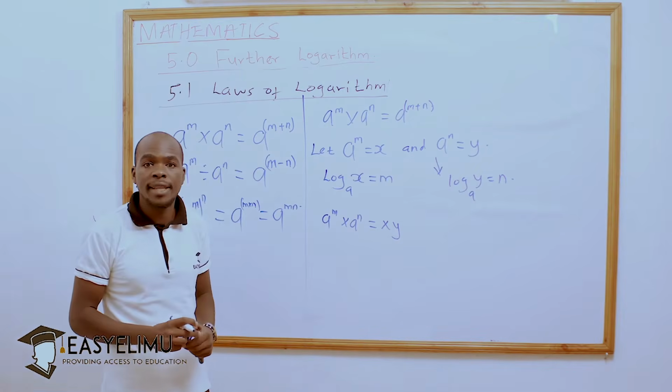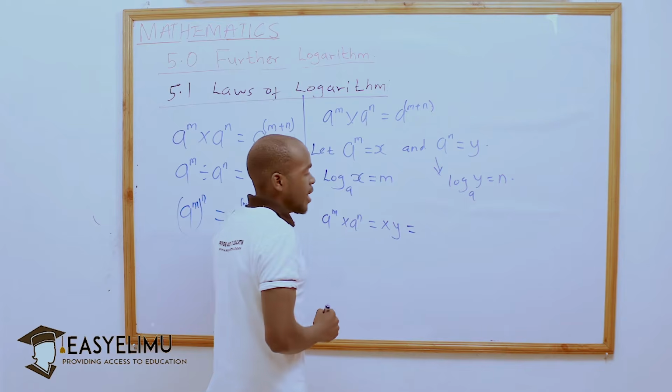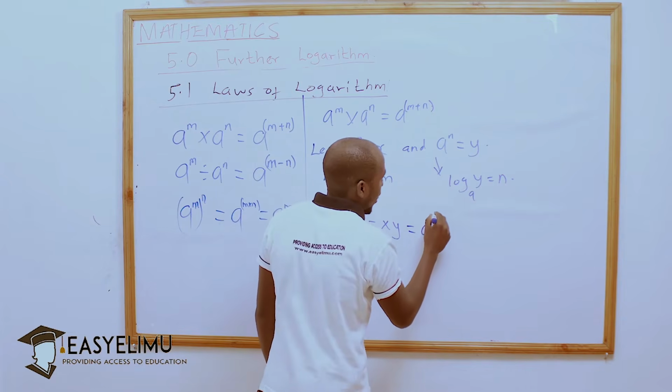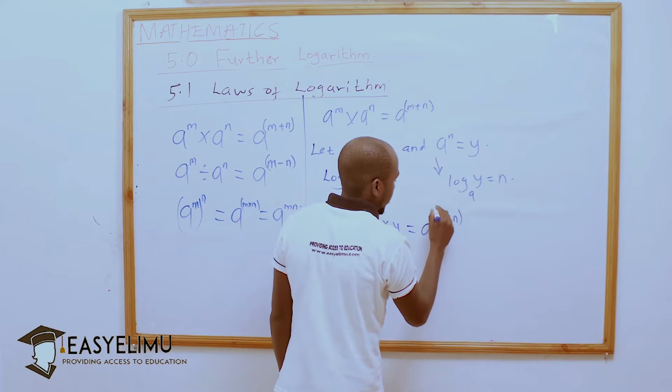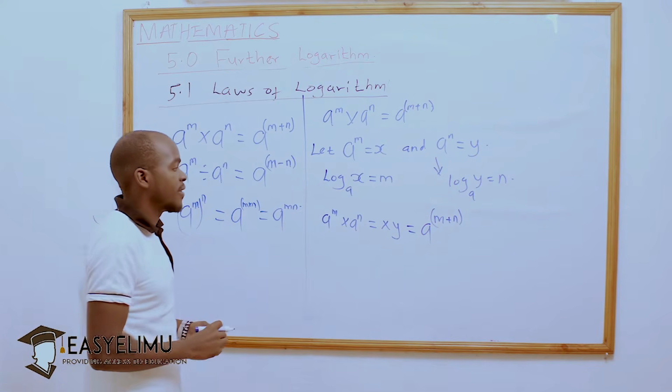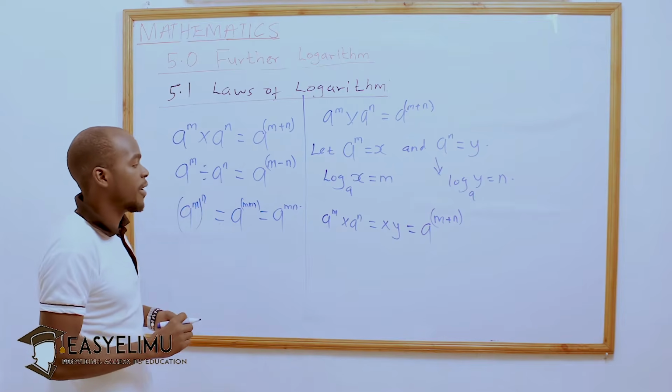So this one here is the same as taking a^(m+n). It still gives us the same answer. So that is what we are going to find.